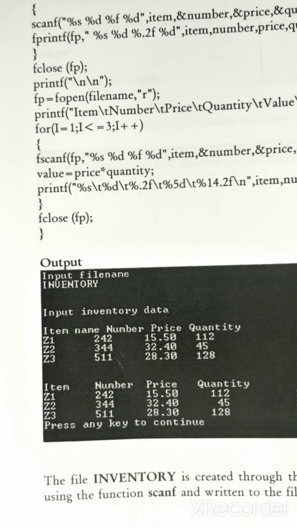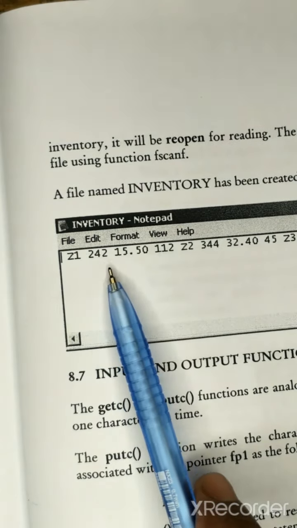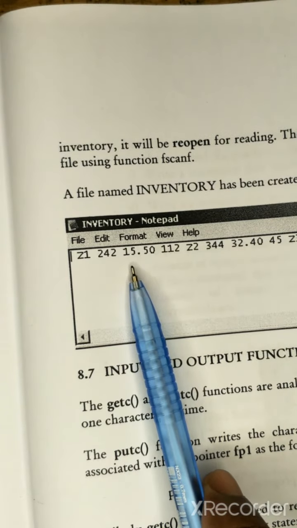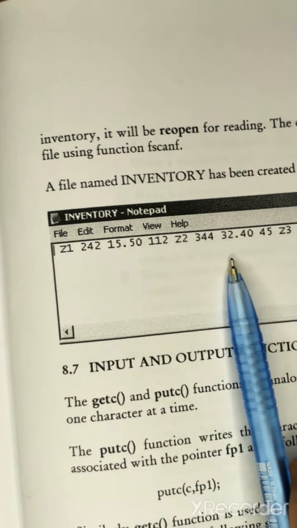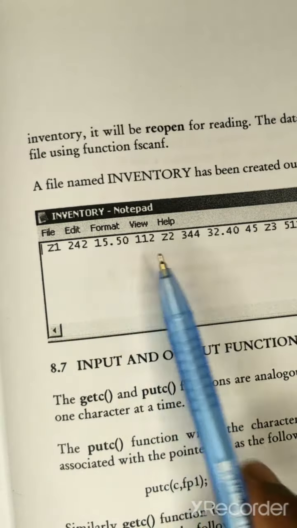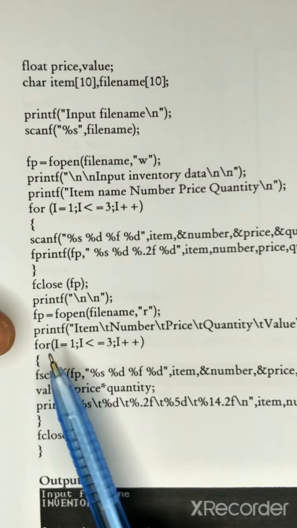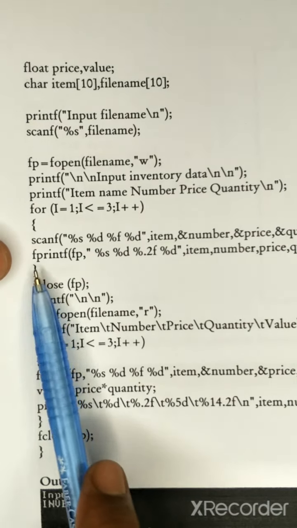If you open the inventory file, or the file named inventory, you will have it like this. So where in the programming do we write this? If you look at your program here, it's a printf here, fprintf here.